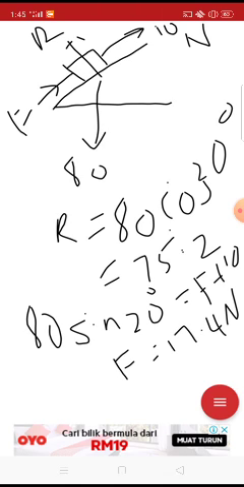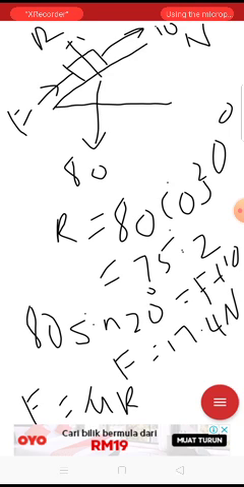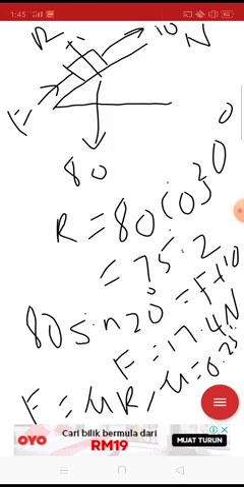So by resolving the forces, we are able to find R and we are able to find F. As we know that the system is in limiting equilibrium, F will be equal to mu R. So we are able to find mu equal to about 0.231.